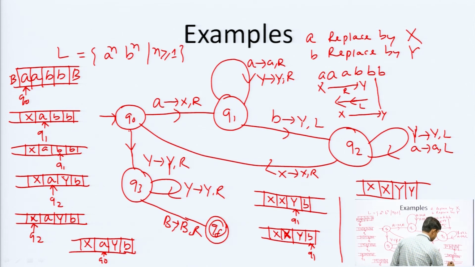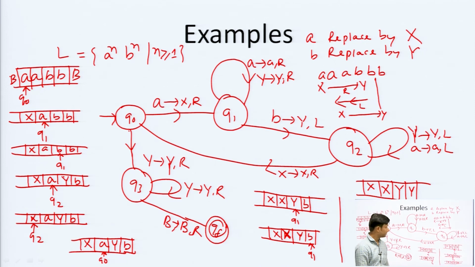This is x and this is x and this is y, this is y and this is y. Now this is q 0, and q 0 will point to y. When q 0 points to y, we have to move to q 3, and q 3 all y will be there. Then you go to the blank, then this is accepted.